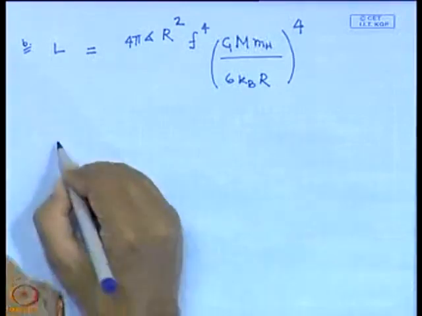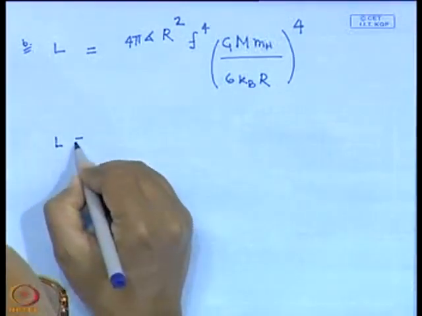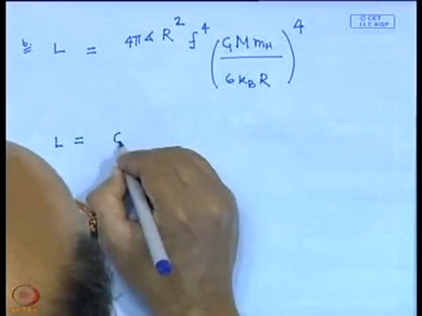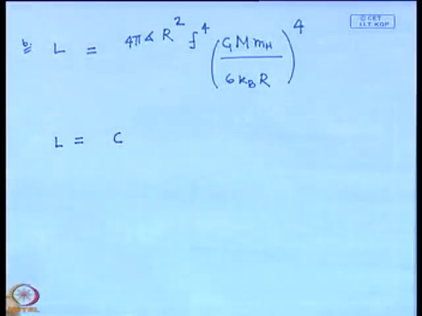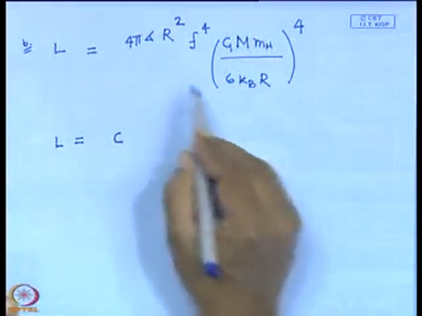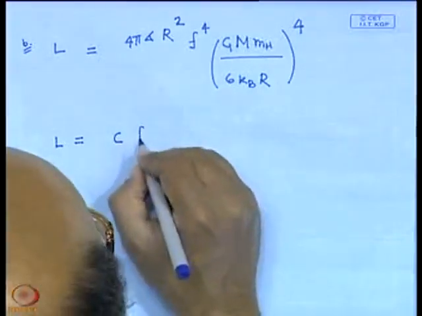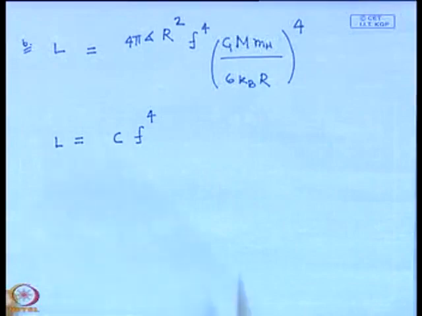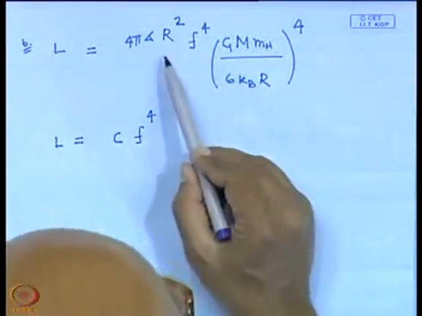So the luminosity can be written as some constant c, whose value you can work out by taking all the coefficients over here, all the constants, into f to the power 4, and the dependence on the mass.